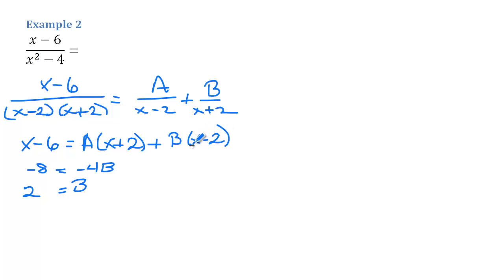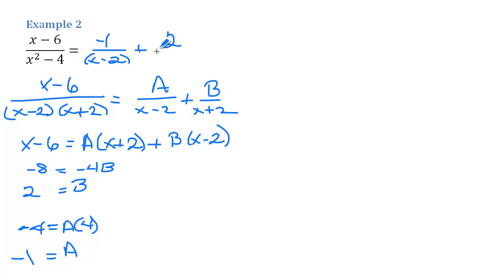Well, we'll make a 0 here, a positive 2 for x. So subbing 2 in for x everywhere, 2 minus 6 is negative 4, and A will be times 2 plus 2, which is 4. So A in this case is going to be negative 1. So we simply rewrite this as A over x minus 2 plus the B over x plus 2.